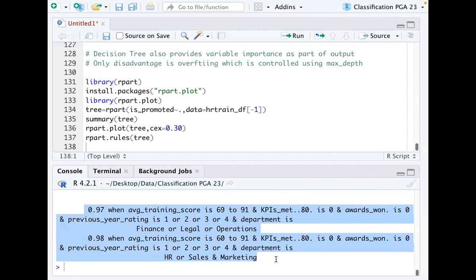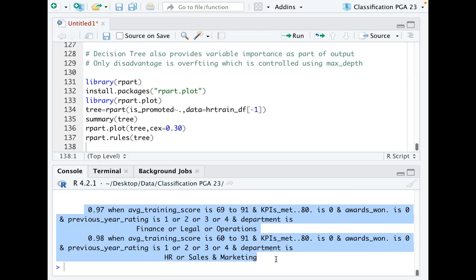We have different rules here. The departments are different, right? Parameters are matching, but the departments are different. So you will have some sort of difference in the rule. Some numbers will match, but there will be something which doesn't match. That marginal thing will change.